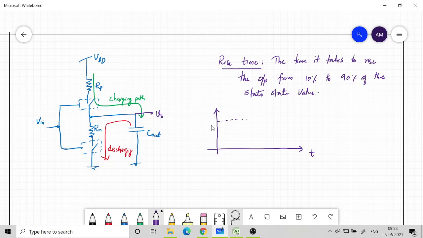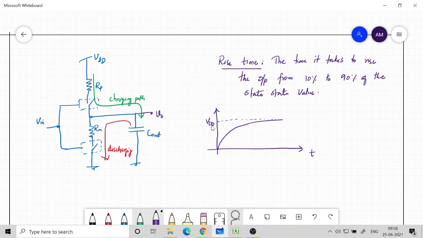We also saw this in control systems: this is a first order system. We are looking at the step response, because the switch turns on and immediately VDD comes. From then onwards the initial slope will be larger, then it asymptotically goes like this. This is the way in which it gets charged.